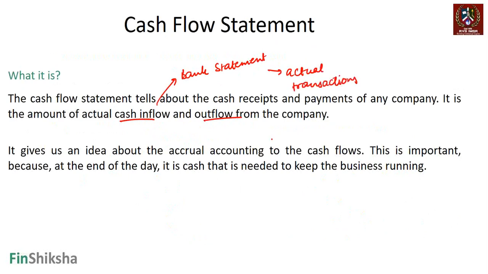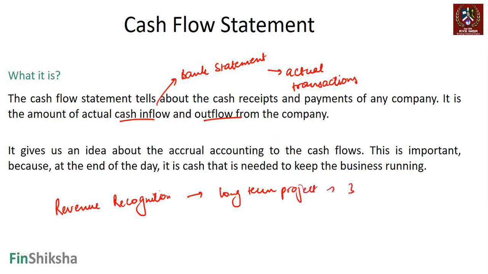Remember, in our discussion on P&L, we had said that there is a scenario of revenue recognition. Revenue recognition can happen for, let's say, a long-term project. So if there's a long-term project that is for a period like 3 years, then how much do you book in the first year, right? In that case, there is some sort of an opinion that comes into picture.